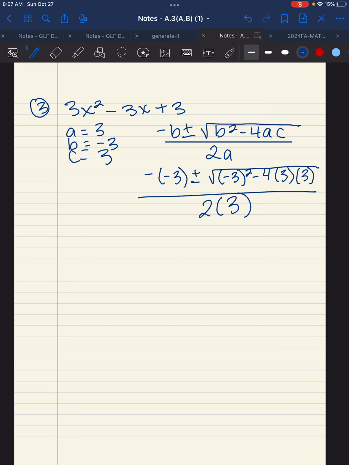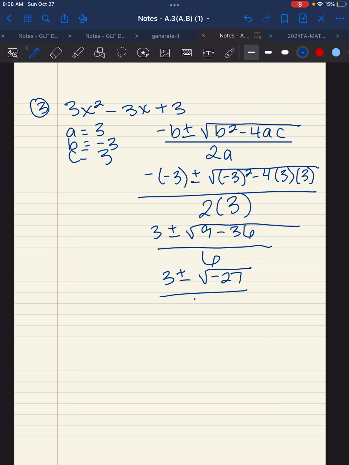Now I'm just going to simplify it. Negative times a negative is going to give me a positive 3. Negative 3 squared is going to give me 9. 4 times 3 times 3 is going to get me 36. All over 6. 3 plus or minus the square root of 9 minus 36, which is negative 27, over 6.